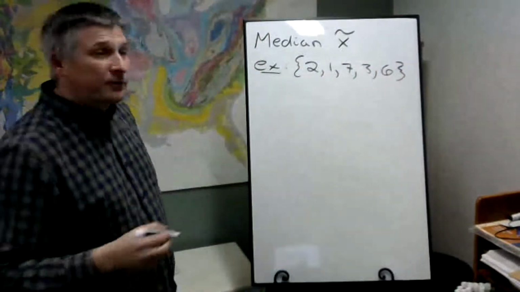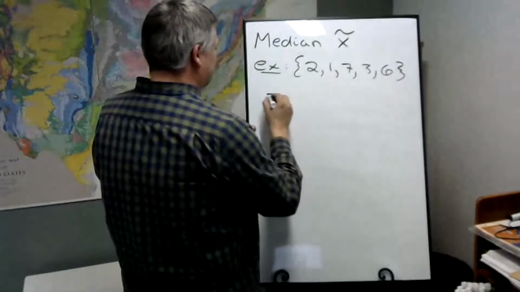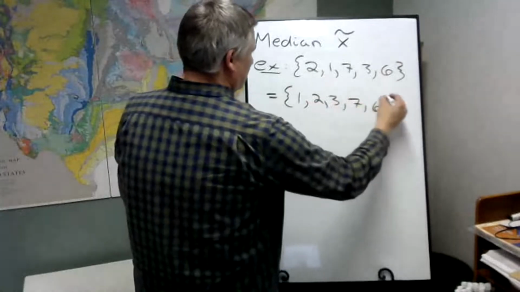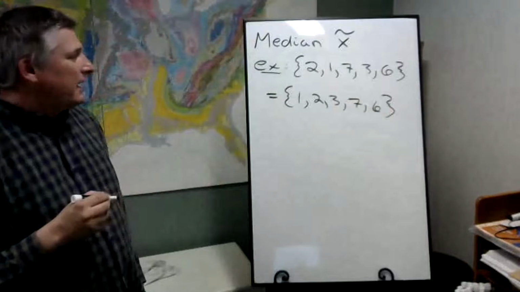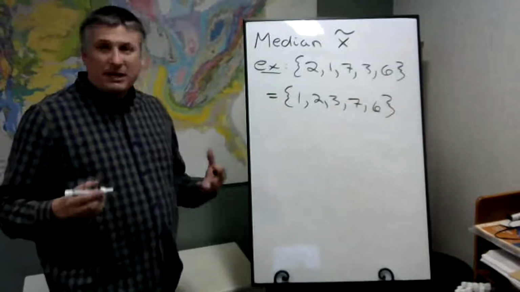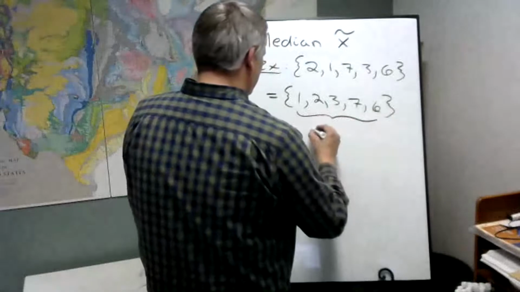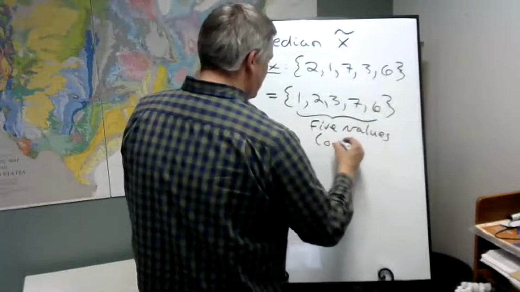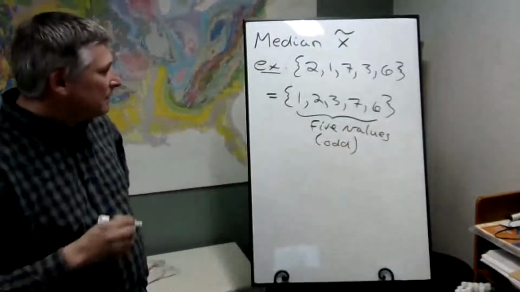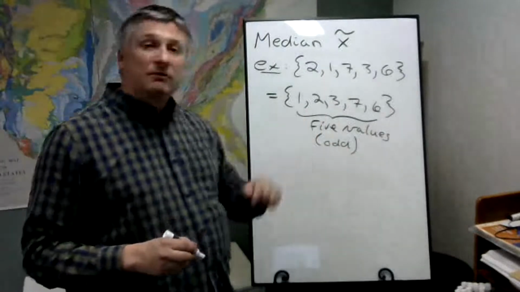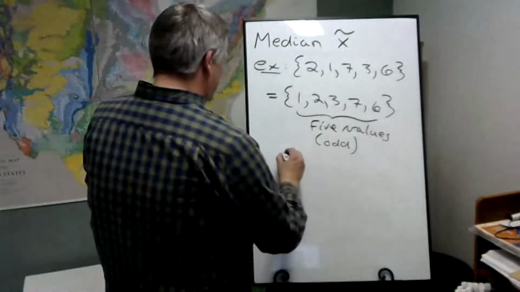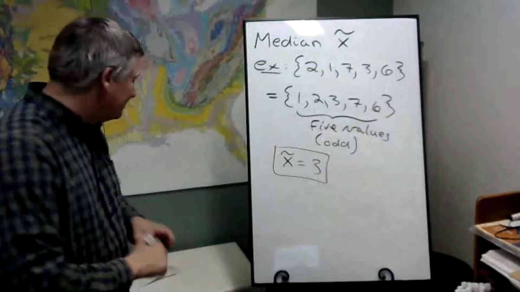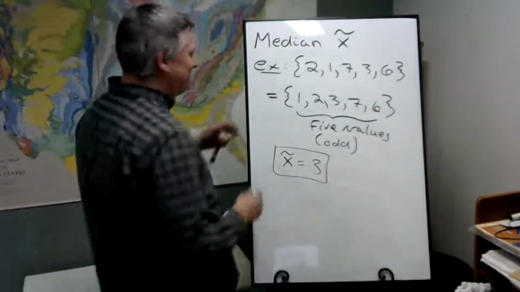Let's say this is our data. First off, we've got to put it in numerical order. And now we look for the median. This is an odd number because there are 5 values, and the number 5 is, of course, odd. So to find the median, we just take the middle value. So x tilde equals 3. And that's your answer.